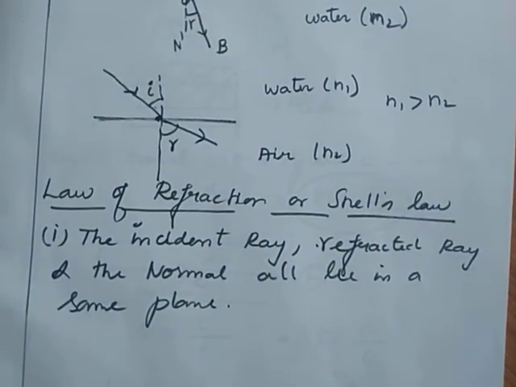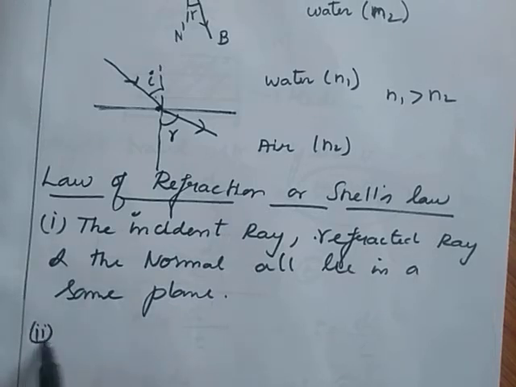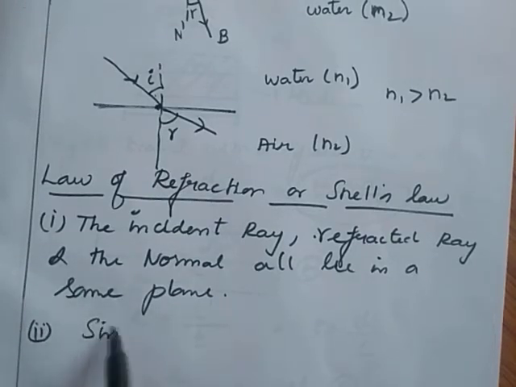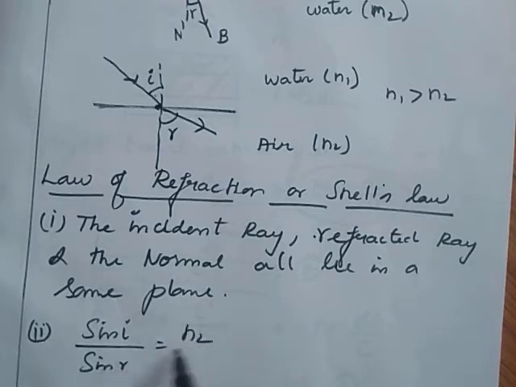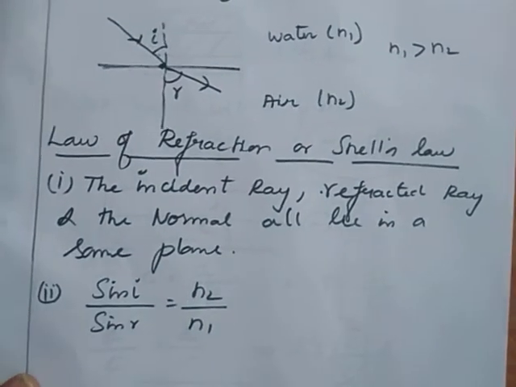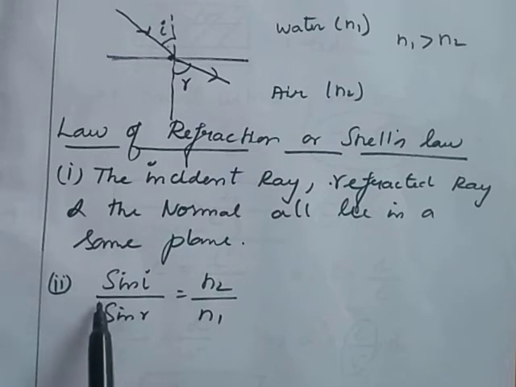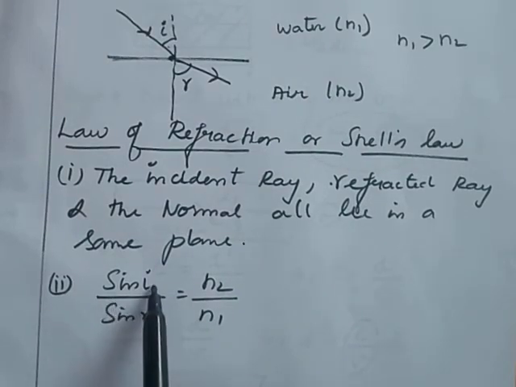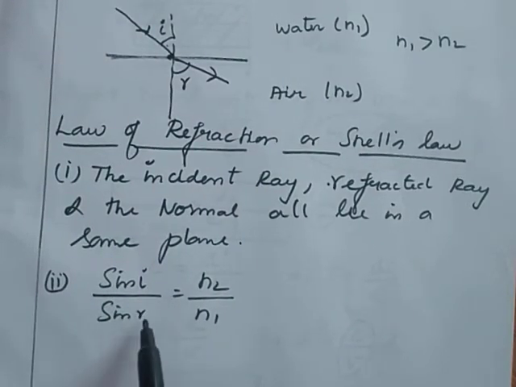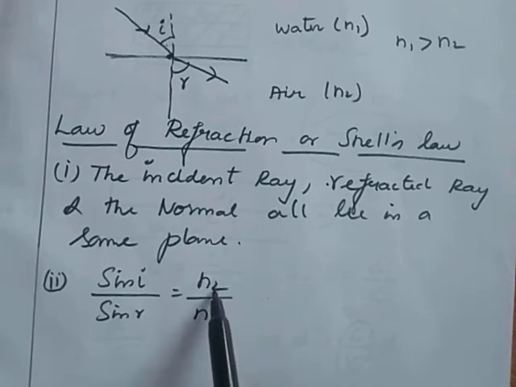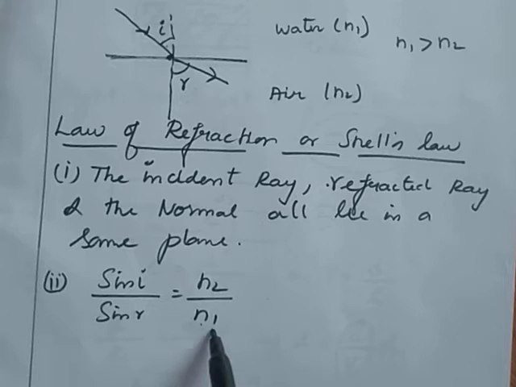Then the second law, that is an easy one. Sin i by sin r is equal to n2 by n1. It is the ratio of the sine of the angle of incidence to the sine of the angle of refraction, equal to the ratio of the refractive index of the second medium to the refractive index of the first medium.